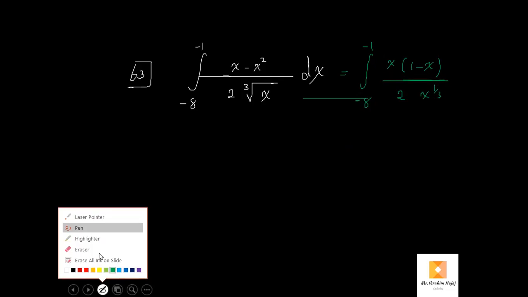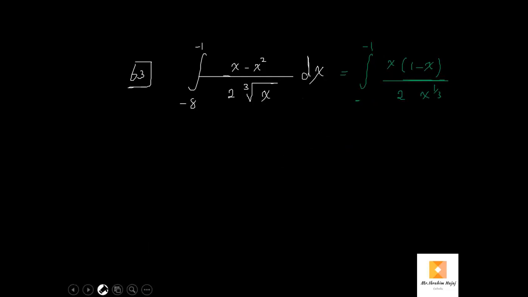Then x over 2 times x to the power of 1 over 3 will be x to the power of 2 over 3 in the numerator, subtracting the exponents. It's going to be x to the power of negative 2 over 3, and 1 minus x over 2 multiplied by 2 over 3. It's positive, sorry, dx.